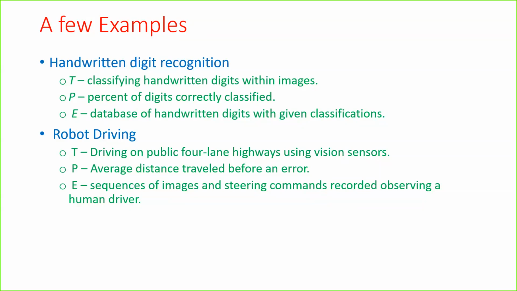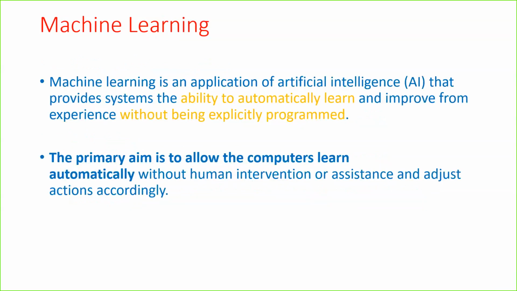Coming to machine learning, by now you might have understood what machine learning is. Machine learning is an application of artificial intelligence. So what is artificial intelligence? Artificial intelligence was designed with the intention of creating human-like intelligence to perform tasks that typically require human intervention or assistance, right?